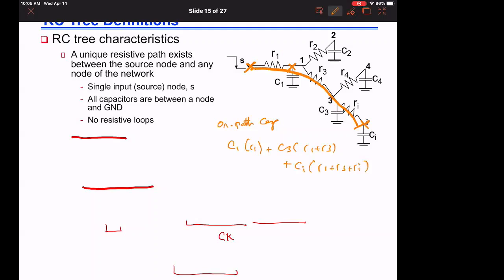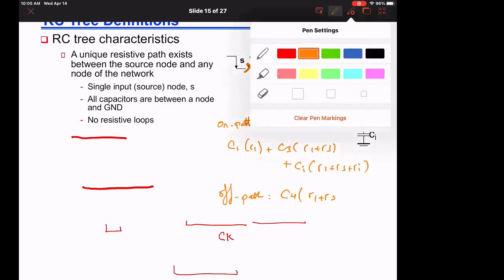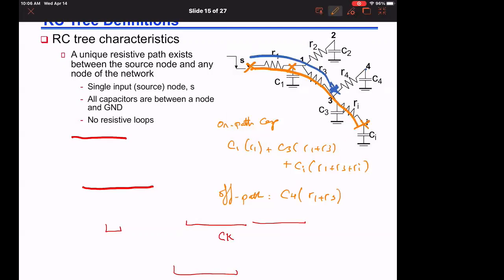And then for the off-path ones, like C4, I only multiply by R1 plus R3 because I only care about the effect of the delay up to this node. I'm not going all the way to C4. So C4 will be multiplied by R1 plus R3, and then C2 in this example will be multiplied by R1.